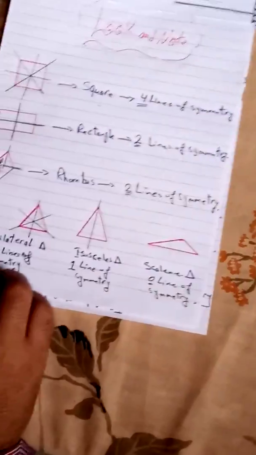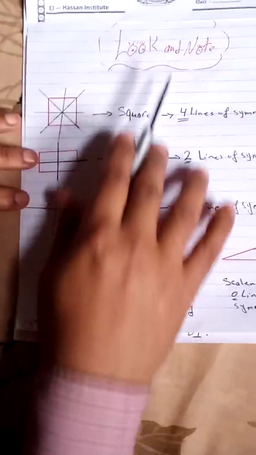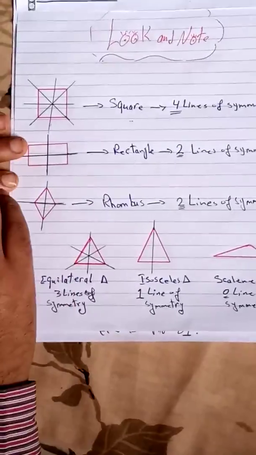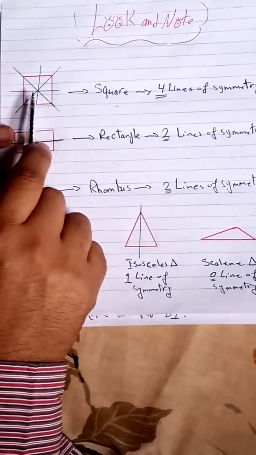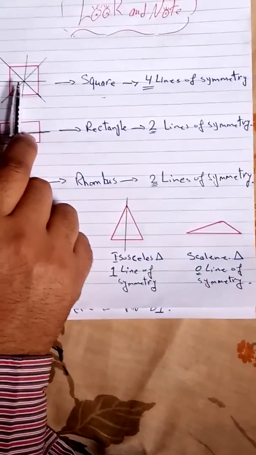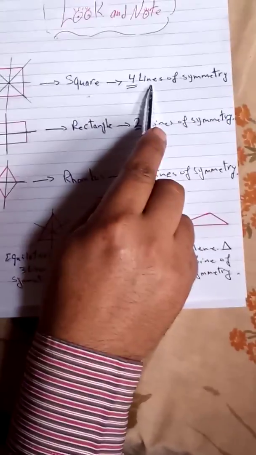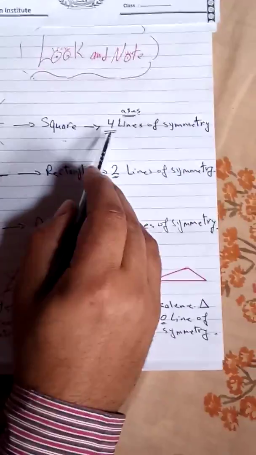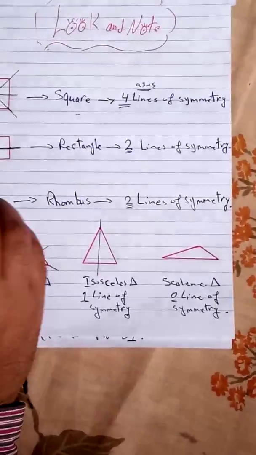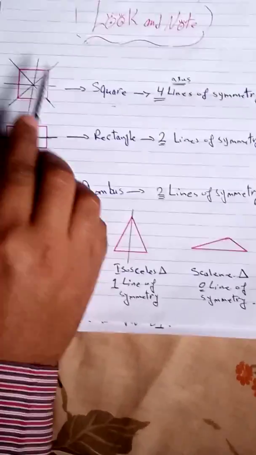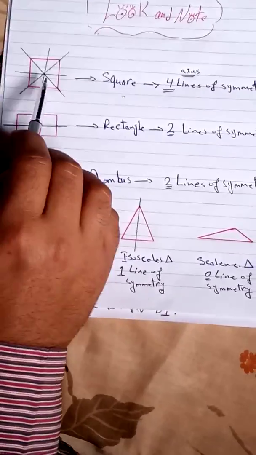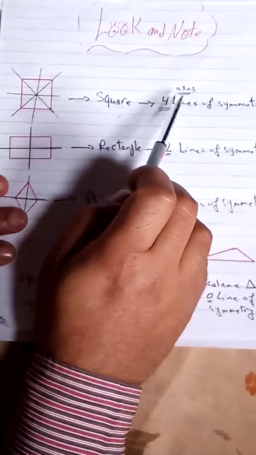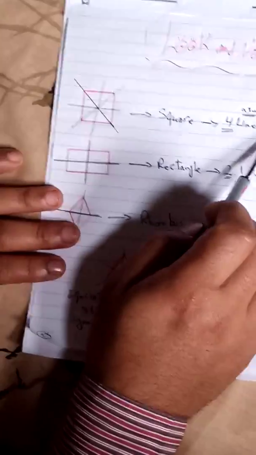Attention, may I have your attention please? Look and note. Square, how many lines of symmetry? 4 lines of symmetry, or 4 axes. We can call lines axes. A square has 4 sides, 4 vertices, 4 angles, and also 4 lines or axes of symmetry.